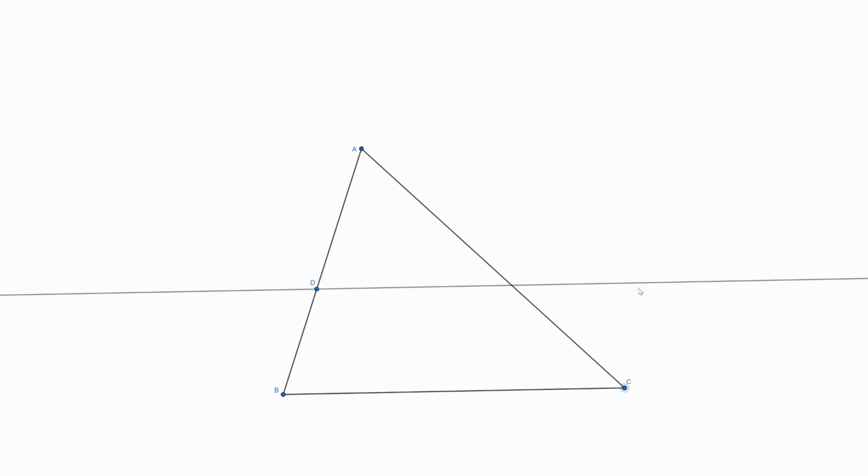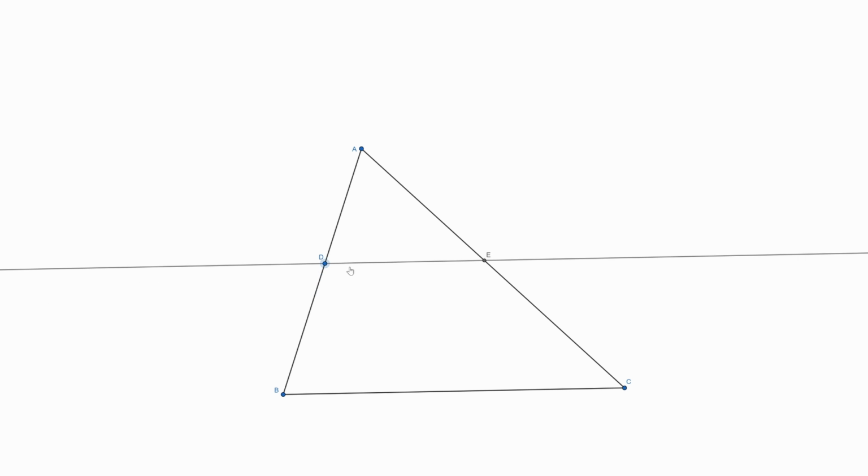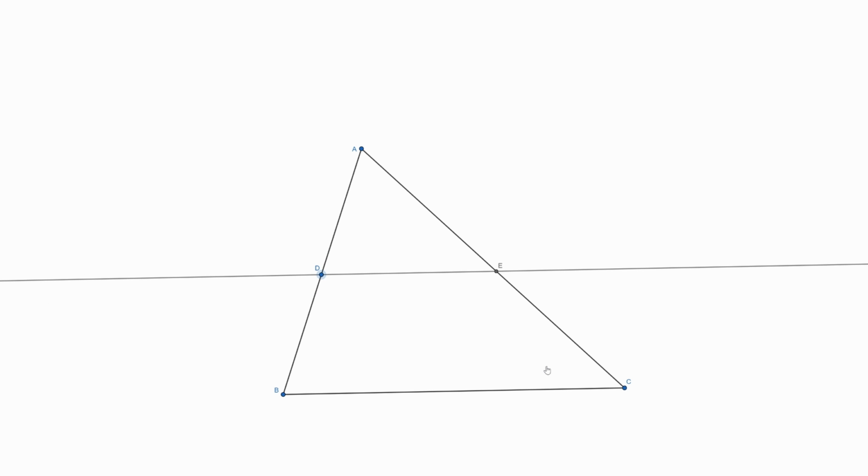Now this line is intersecting the other side of the triangle at a point, and that point is point E. I got my segment DE. Also this line will divide segment AB into two parts, AD and BD, and it will divide segment AC again in two parts, which is AE and EC.